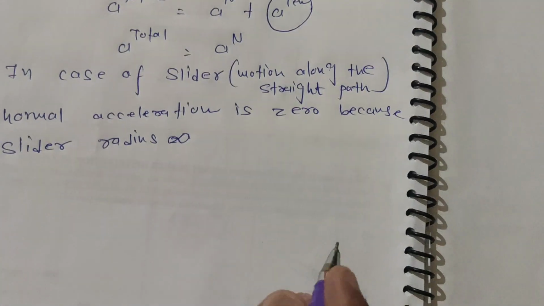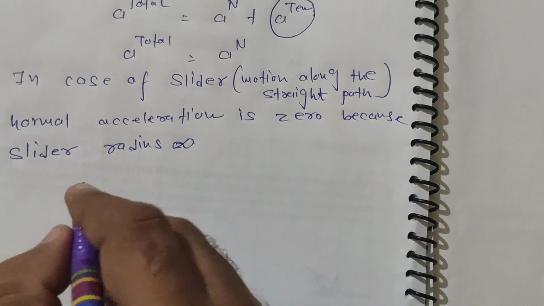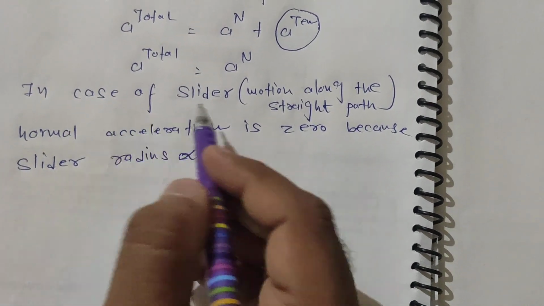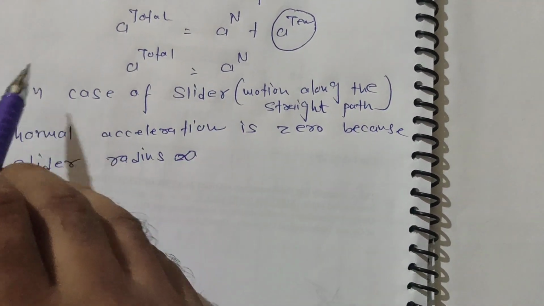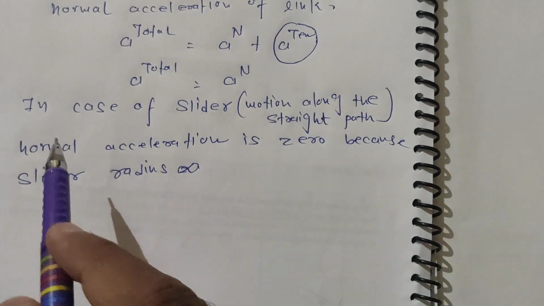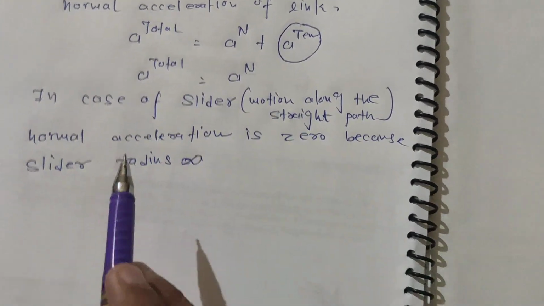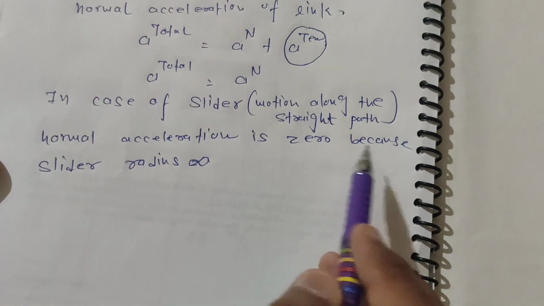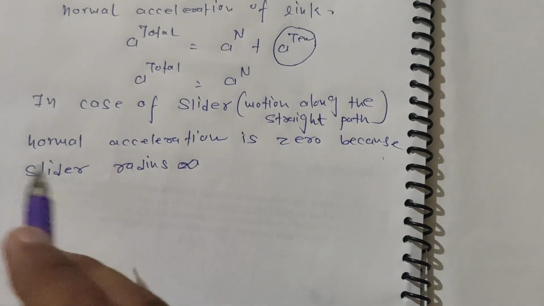Okay, so in case of this slider, it moves in a straight path, it does not accelerate normally but moves in a straight path. So at that time normal acceleration is 0, because slider radius is infinite.